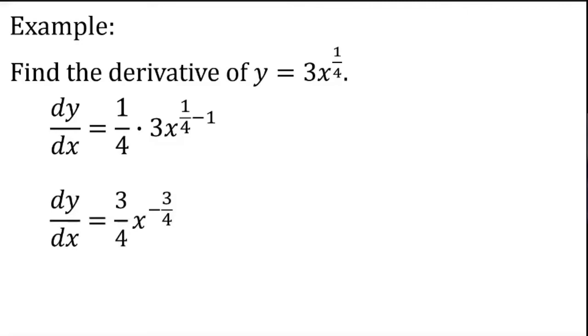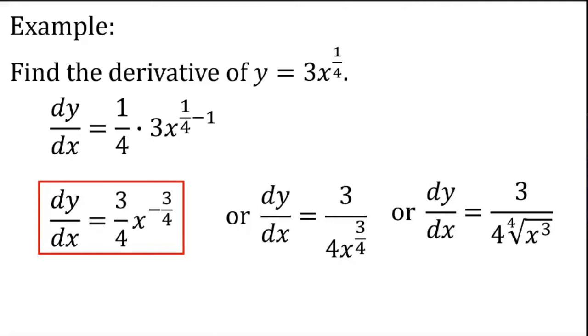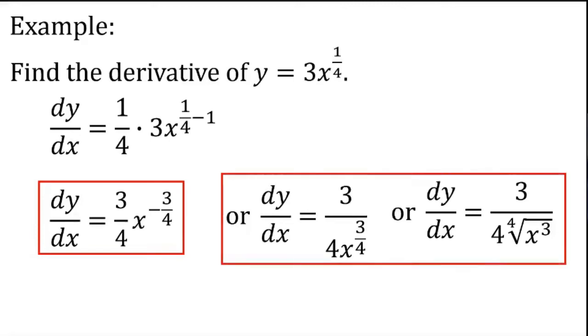Dy over dx is equal to 3 over 4x raised to negative 3/4. Or we can express this as dy over dx equals 3 over 4x raised to 3 over 4. Or dy over dx equals 3 over 4 fourth root of x cubed.